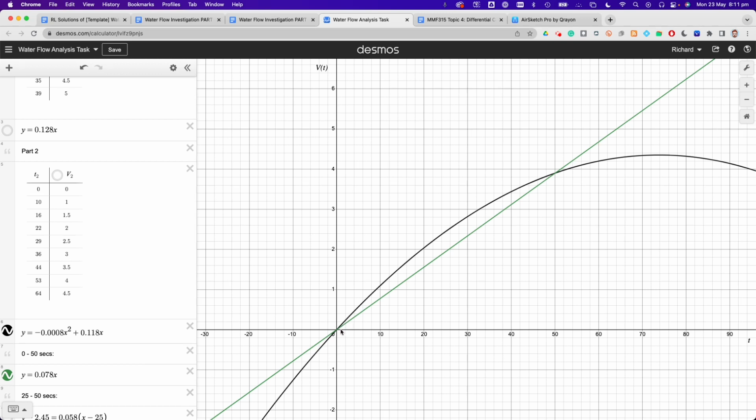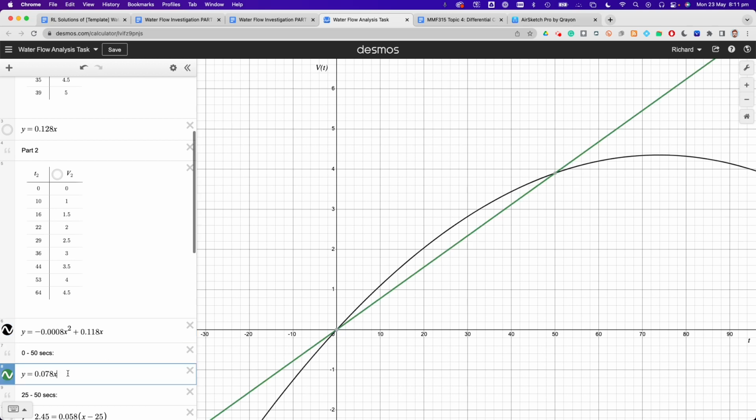Don't worry about that, other than the fact that I got the gradient by looking at the coordinates at 50, so 50 and 3.9. And then 3.9 divided by 50, rise over run, gave me 0.078.